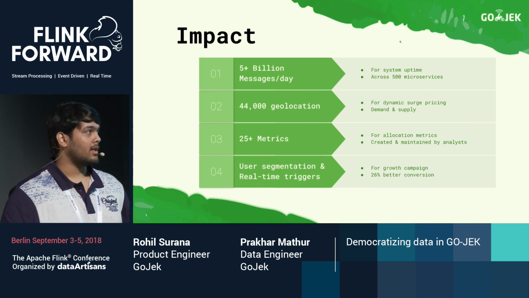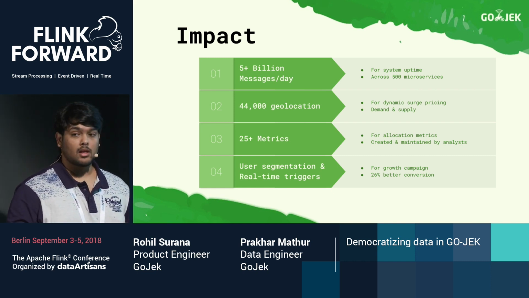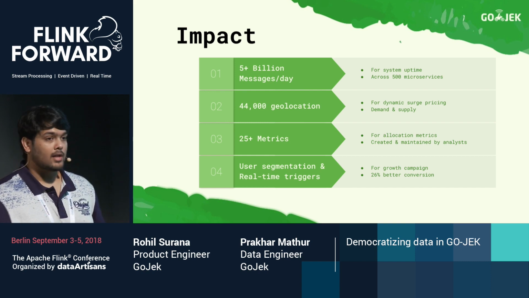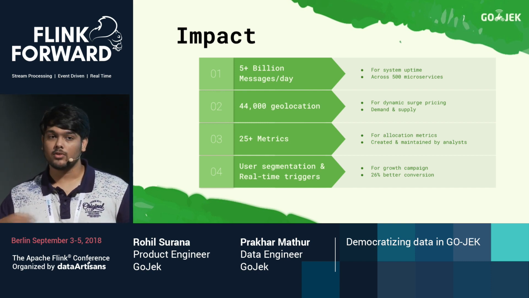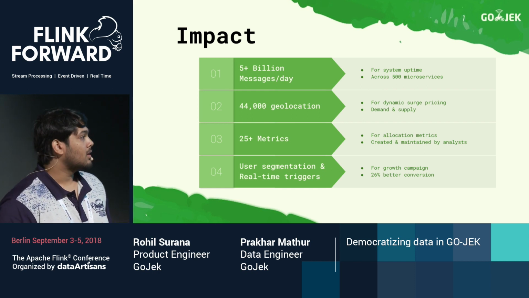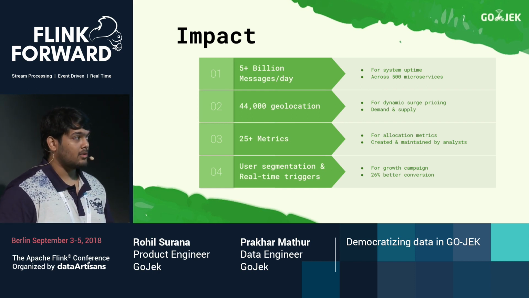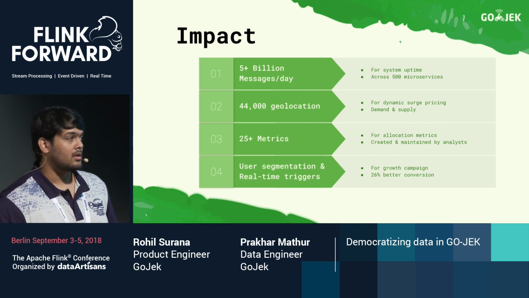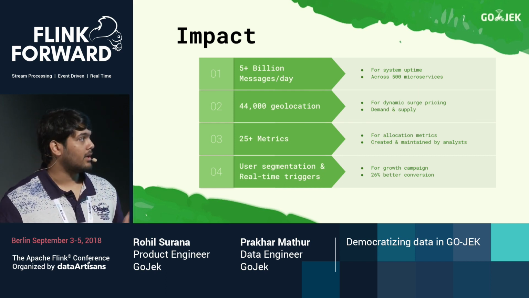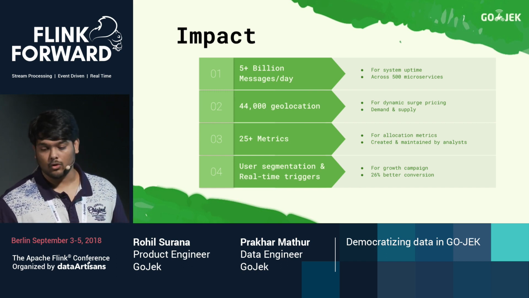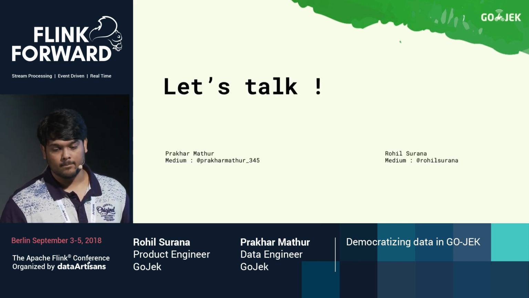What Dagger helps with is that we can tag the users in real time, as soon as somebody orders a food item. This has helped us get 26% more conversion rate in our food orders. This was the impact of what we have solved with this platform.